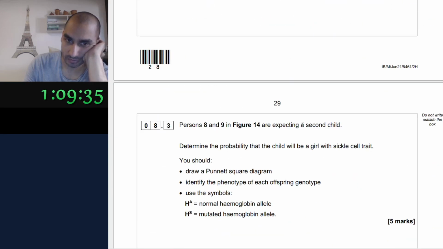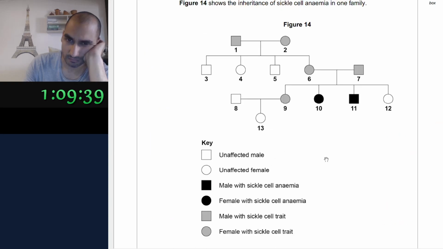What was the question? Sickle cell trait. So it's half, isn't it? 50%? Because there's a 50% chance that the female will give her mutated allele instead of the non-mutated one.